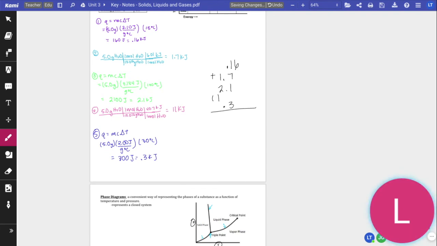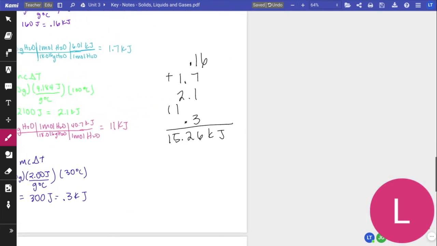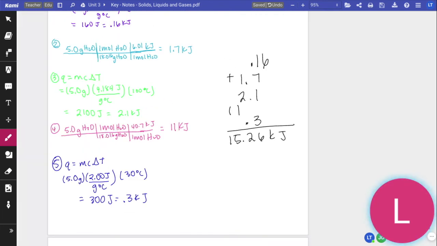All right, and when I plug all of those into my calculator, I got 15.26 kilojoules. Now, guys, your rule for adding and subtracting with sig figs is that you always keep the fewest number of decimal places. So our 11 has 0 decimal places, so that means we're going to round to 0 decimal places, which would be 15 kilojoules.